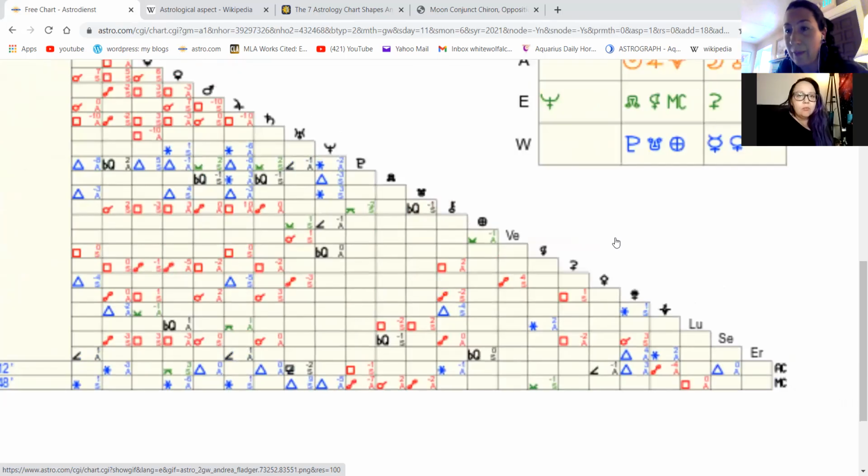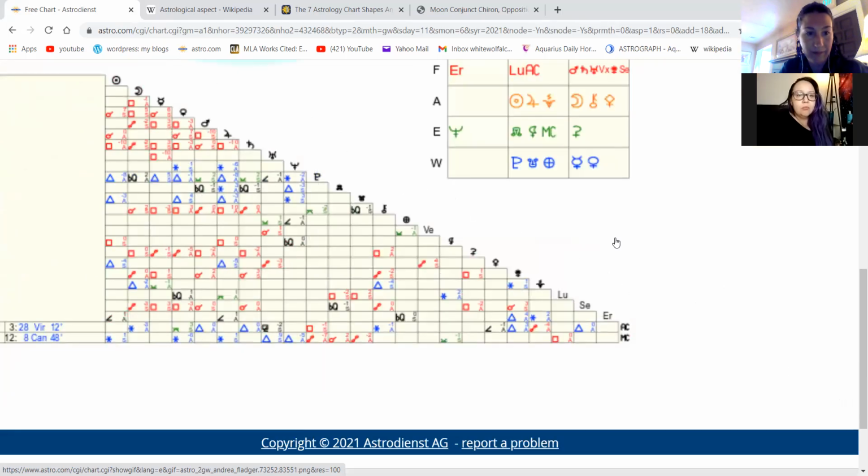Pallas Athena is how you problem solve. That one I would research, the Mars conjunct Pallas Athena, because whatever Mars touches, it supercharges that area of the chart. So it supercharges your ability to problem solve.